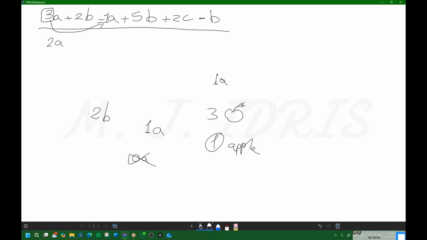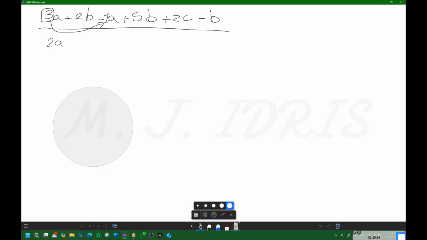If you don't have any apples, would you mention that, oh, I have 0 apples? You will not. You're not going to mention the things that you don't have. That's what we do. Any letter without a number next to it, we take it as a 1.